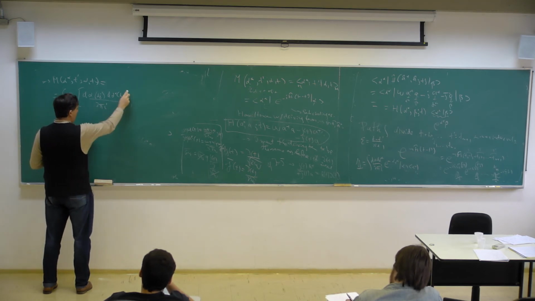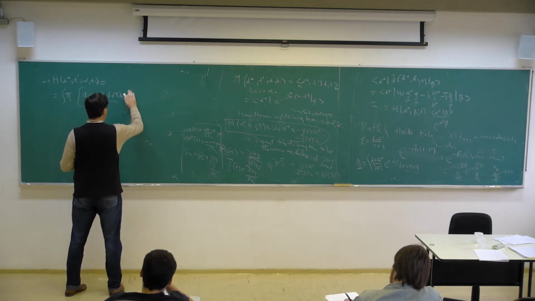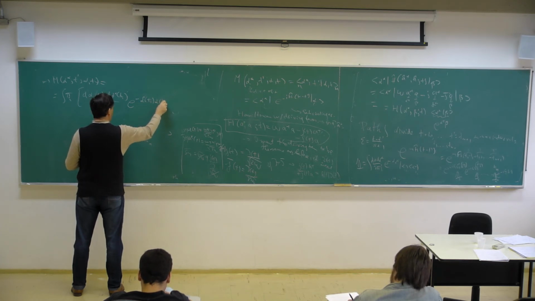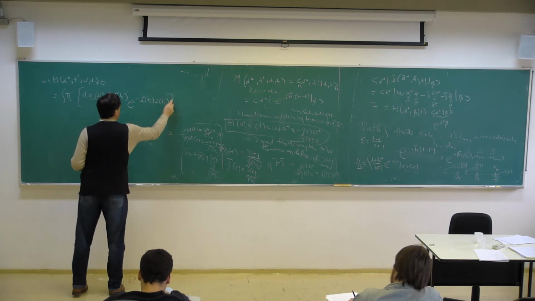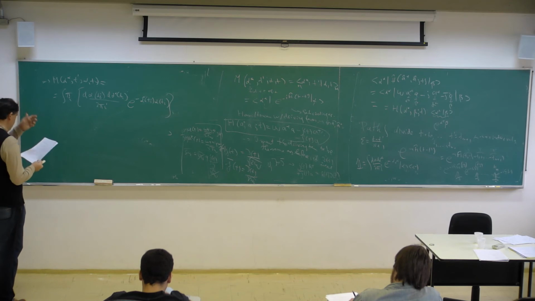That would be my new kind of path integral. And then moreover, each one will come with e to the minus alpha star t i alpha t i. This is from all the identities that I've inserted.